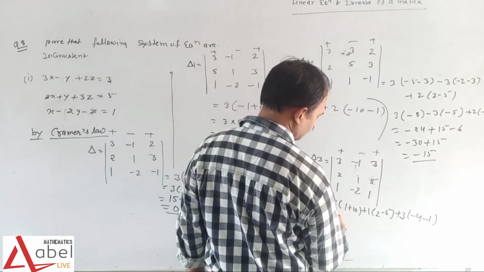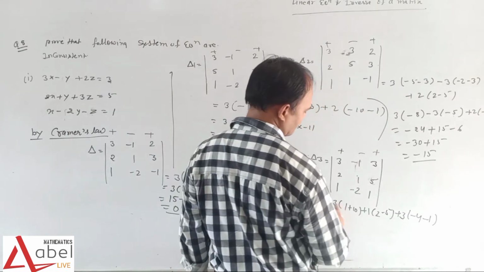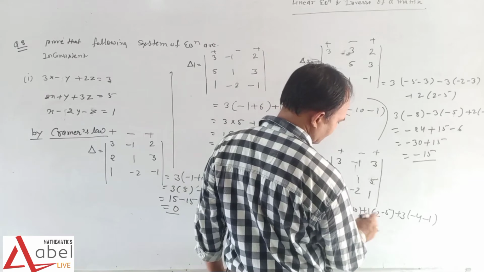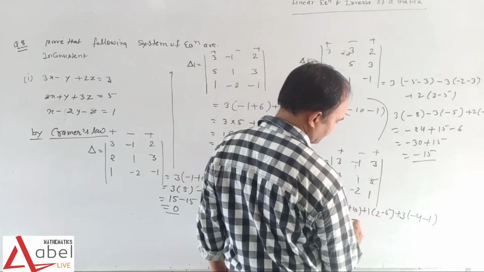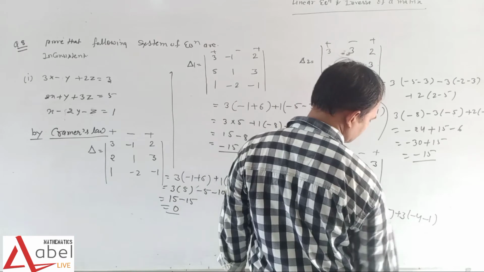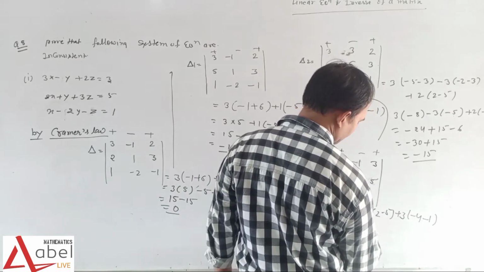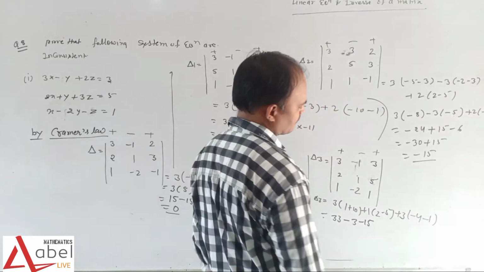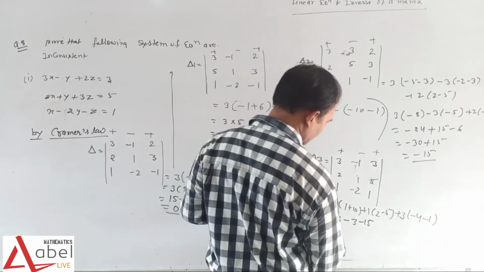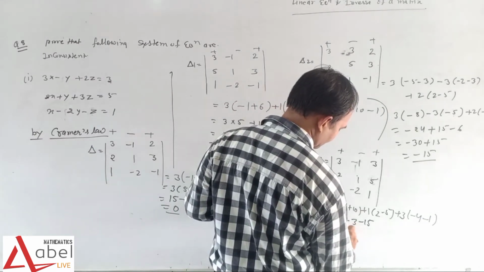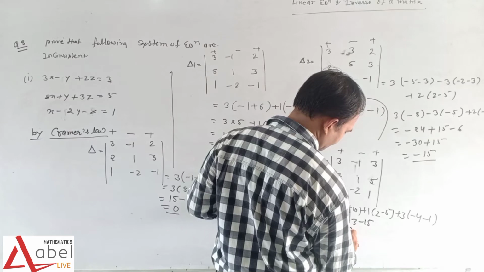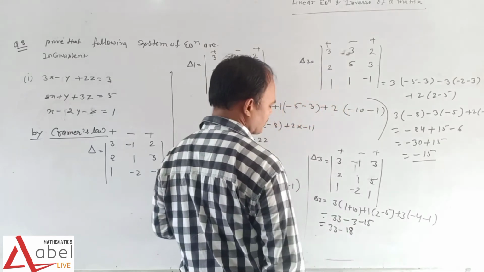So what about here? It is 33, and it is minus 3, and it is minus 15. Okay, so it is 33 and it is 18. So what about here?